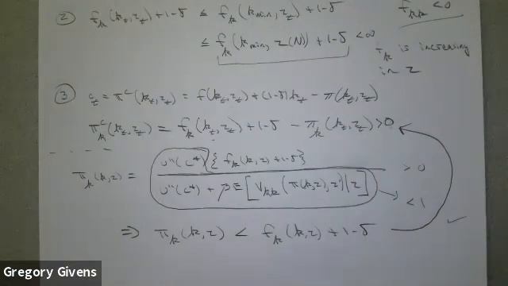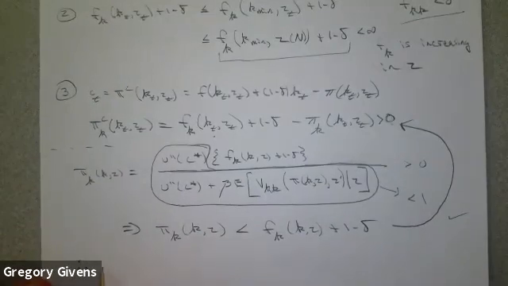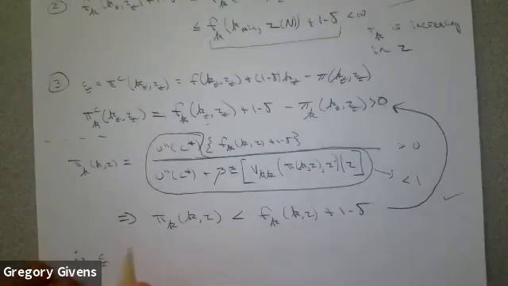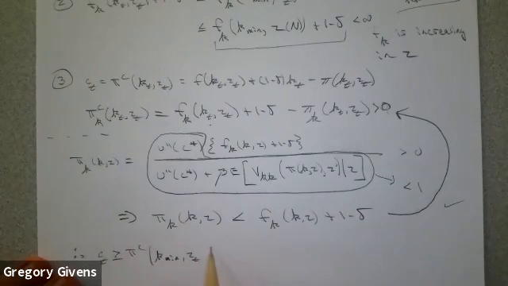Now, why does that help us? What that means then is that C_T must be greater than or equal to pi c of k min, z_t, which is equal to what?